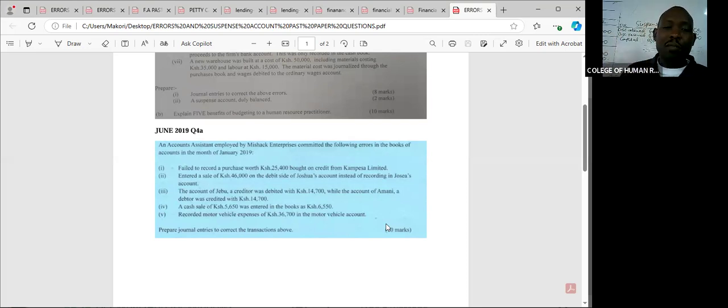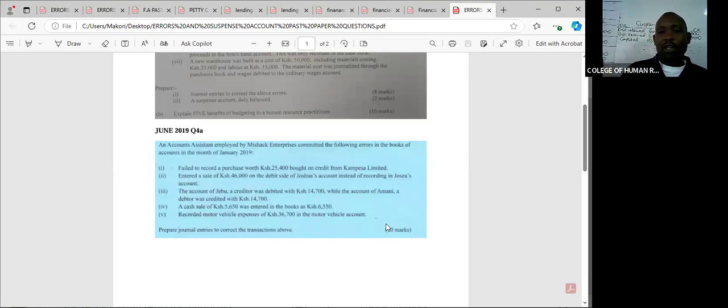The account of Jebu, a creditor, was debited. So Jebu account is the correct account. The only problem is that we debited Jebu, who is a creditor, instead of crediting that account. The account itself has no problem. The problem is on the side the amount was posted.